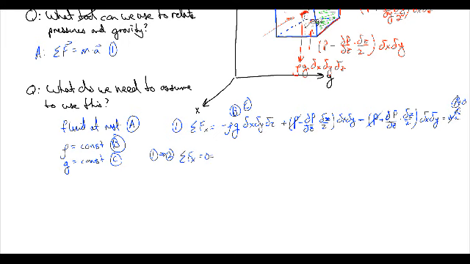So we're going to end up having negative rho g delta x delta y delta z minus dP/dz times delta z, and the over 2's cancel out because we have two of them, so we're going to get the delta z times delta x delta y.